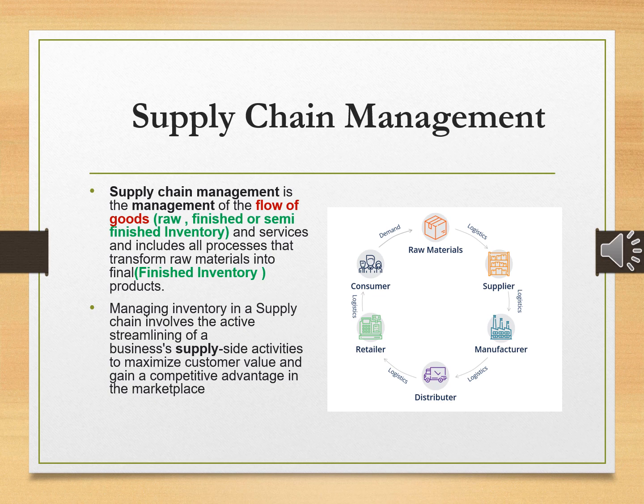Supply chain management is the management of the flow of goods, including raw, finished, and semi-finished inventory and services, and includes all the processes that transform raw material into finished goods or the final inventory. Managing inventory in a supply chain involves the active streamlining of a business's supply side activities to maximize customer value and gain a competitive advantage in the marketplace. So this was the definition of supply chain management.